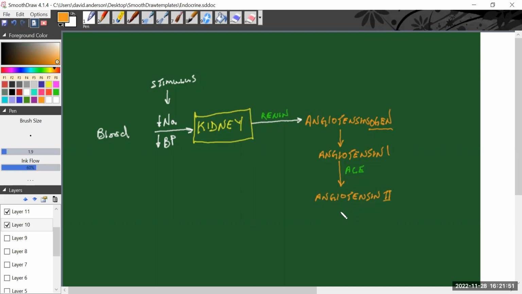Now, angiotensin 2 increases vasoconstriction of most blood vessels, therefore will increase blood pressure. Okay.